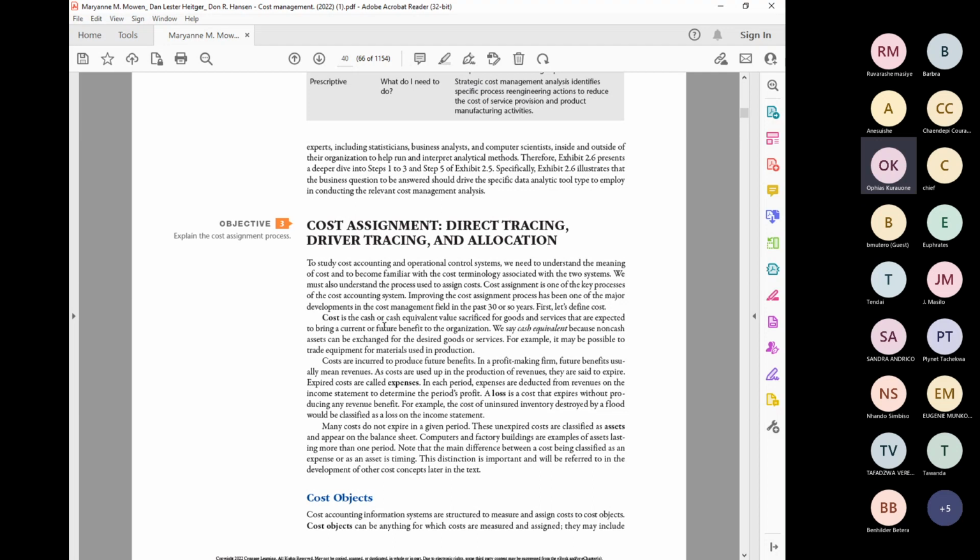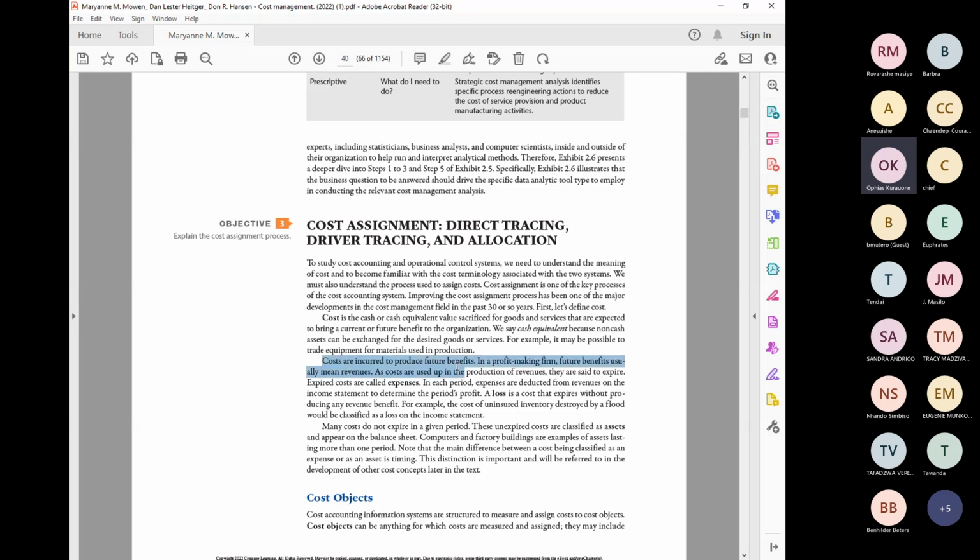Cost is the cash or cash equivalent value sacrificed for goods and services that are expected to bring current and future benefits to the organization. That's the definition of cost according to these authors. So costs are incurred to produce future benefits. Like what I was saying, if you want to produce, you need to incur costs.